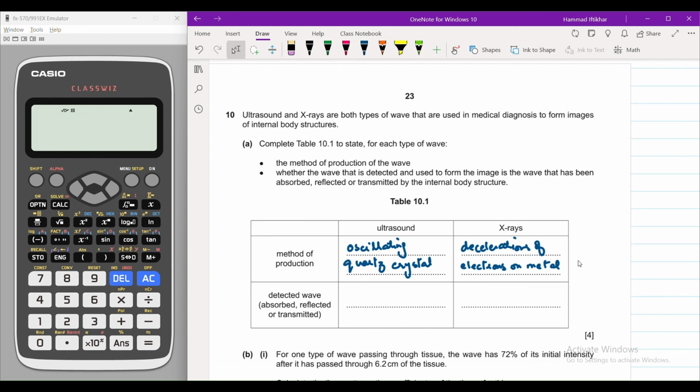Detected wave: whether the wave that is detected and used to form the image is the wave that has been absorbed, reflected, or transmitted by the internal body structure. So ultrasound is reflected from the body structures, and for the X-rays, what we detect is the transmitted one.